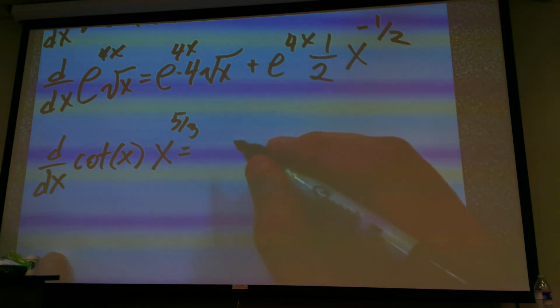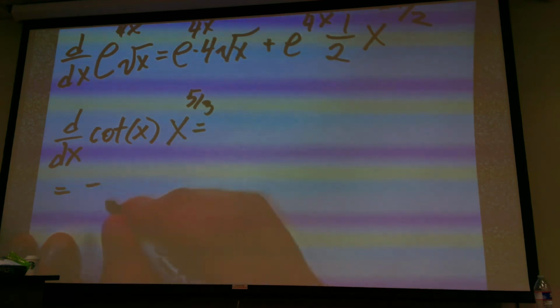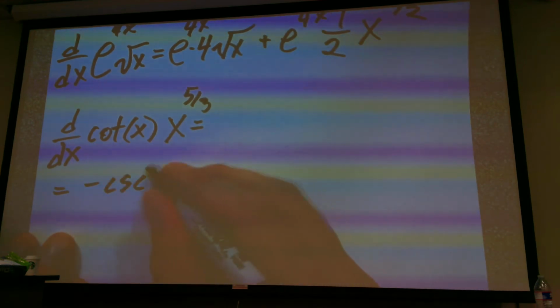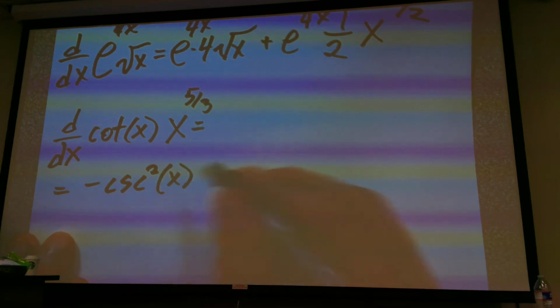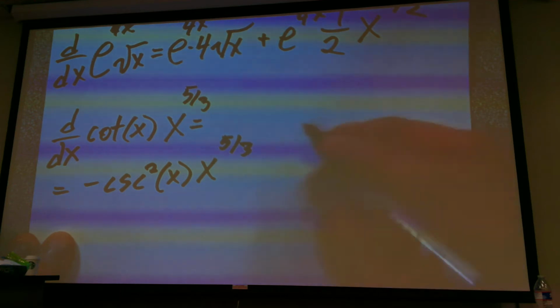I'm going to run out of room on this one probably. So the derivative of cotangent would be negative cosecant squared of x, times x to the 5 divided by 3, and then plus cotangent of x.